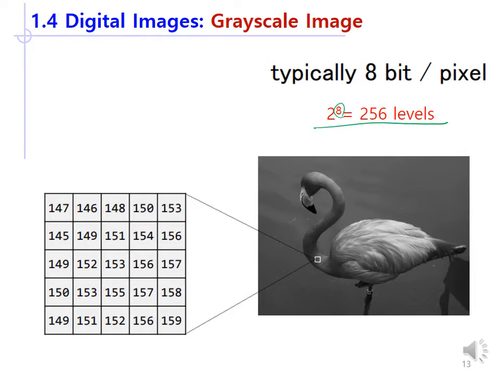The levels 147 or 151 are all gray. So these are all gray values. What is the highest, brightest pixel in here? So 159 is the brightest one, and 146 is the darkest. Okay.